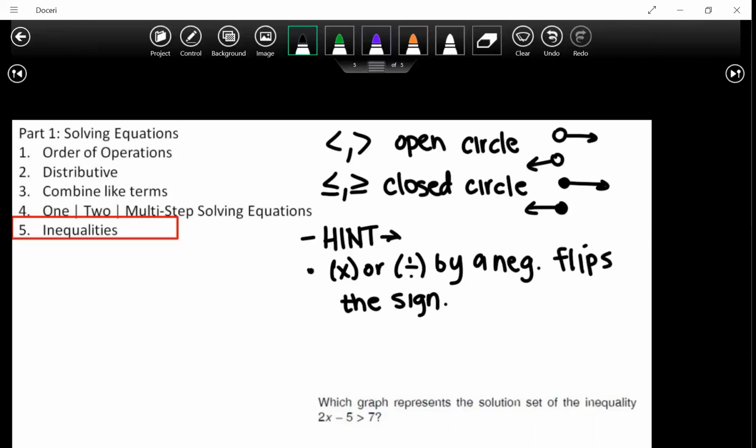And the one thing I'll say to this is we flip the sign when the variables on the left are variables on the right.